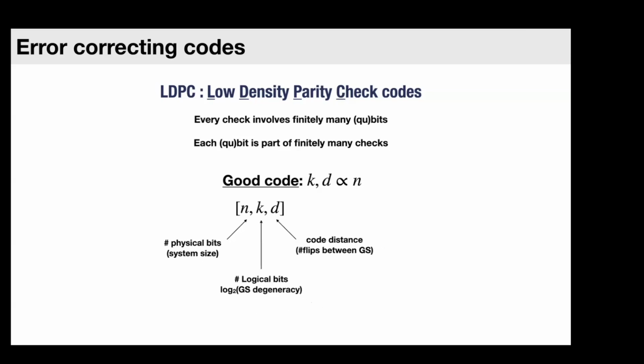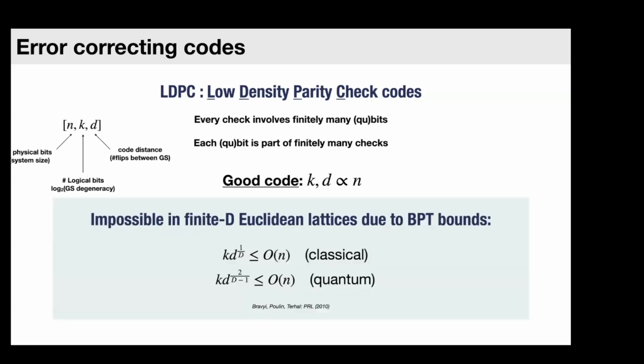Okay, so we talked about these bounds due to Bravyi, Poulin and Terhal yesterday, which give you trade-offs between K and D in any finite Euclidean lattice. So if you have a code which is local in a finite dimensional Euclidean lattice, then what these bounds tell you is that if you're trying to increase K, the density of logical information that you're encoding, then you have to do that at the cost of making D smaller.